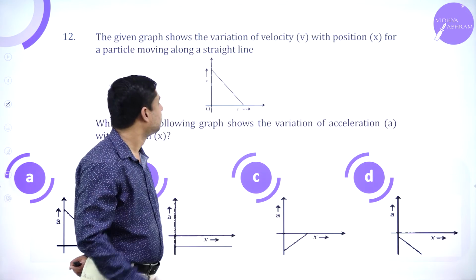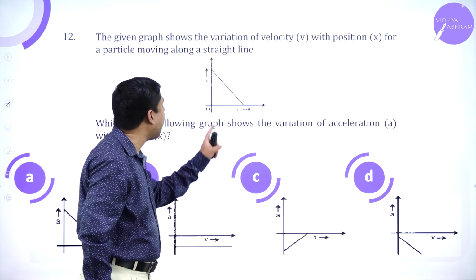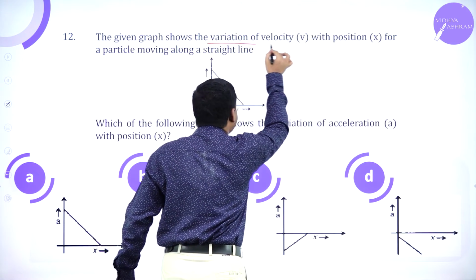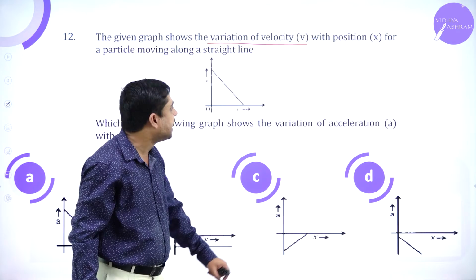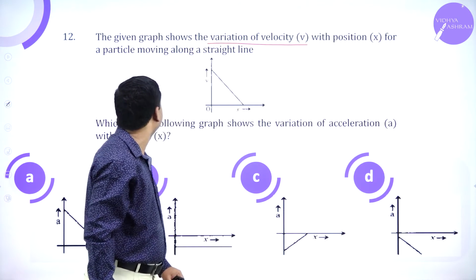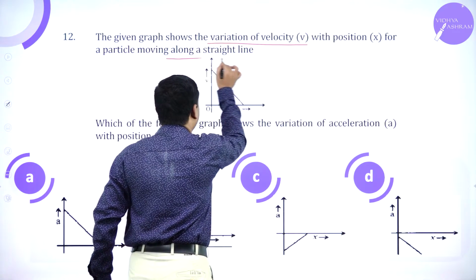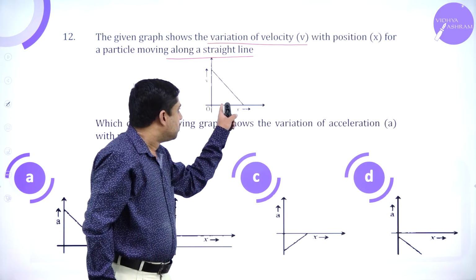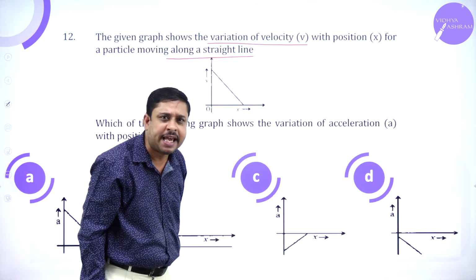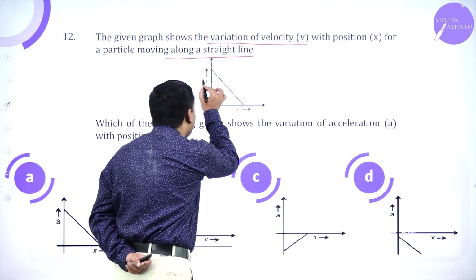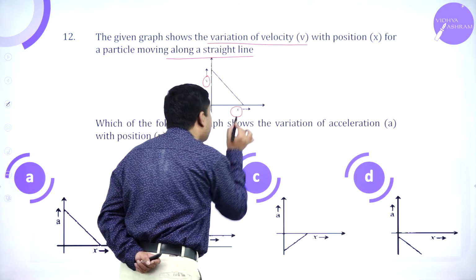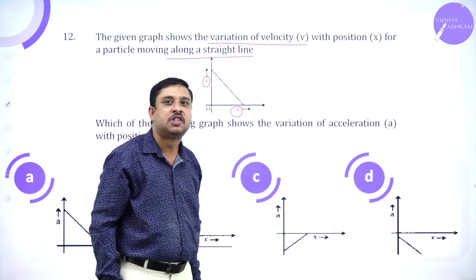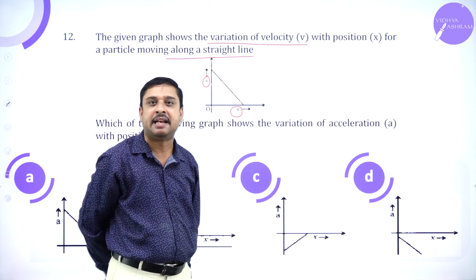12th one. In the given graph, it shows the variation of velocity with position for a particle moving along a straight line. So this graph gives me the variation of velocity with position for a body which moves along a straight line.